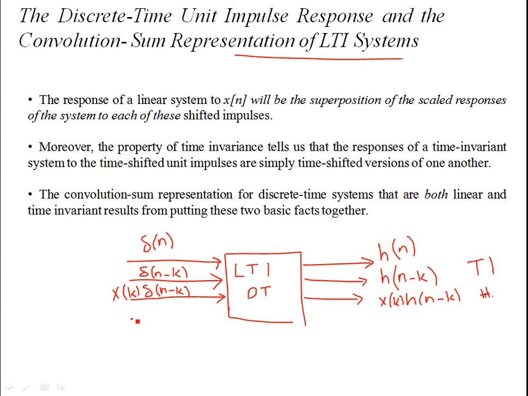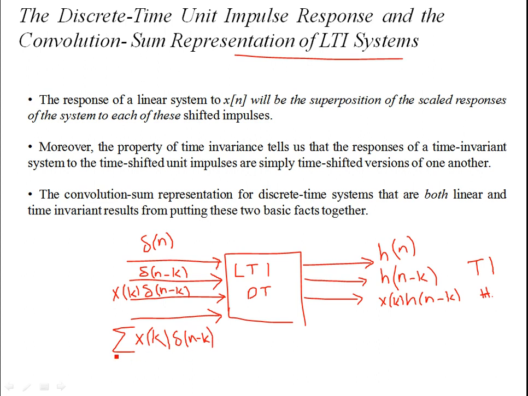The other principle of linearity that we discussed in the basic properties of systems was superposition. Now what I do is I superimpose all such shifted impulses. So I have x of k delta n minus k. My summation limits are over k now.